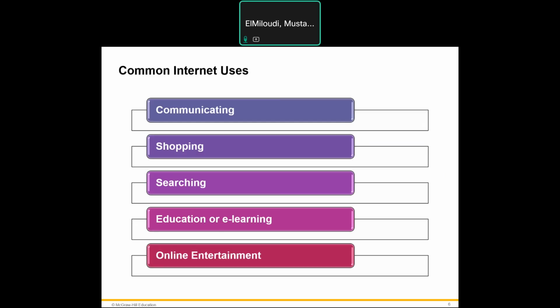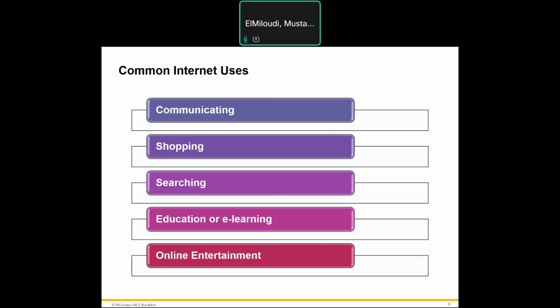Especially now, it becomes more and more common for people to shop online because it's less expensive, it's more convenient, and you get to choose. You can get whatever you want from anywhere in the world, and sometimes it takes only a day or two. So they use it for shopping, definitely, and communicating.